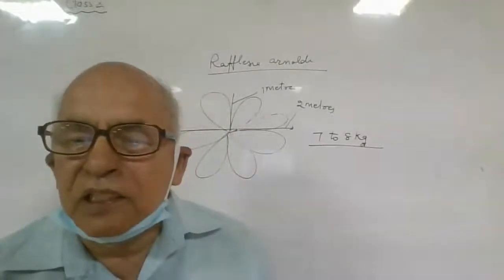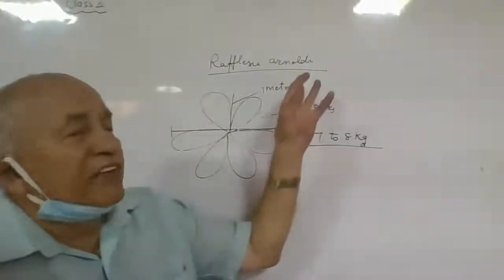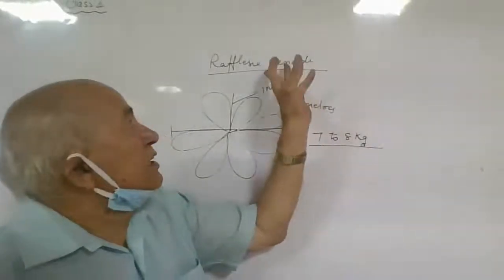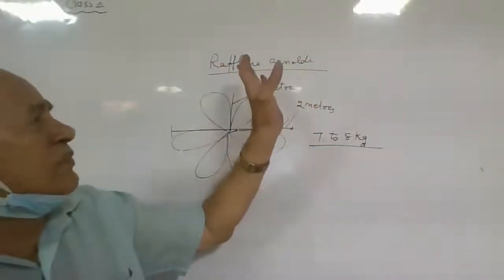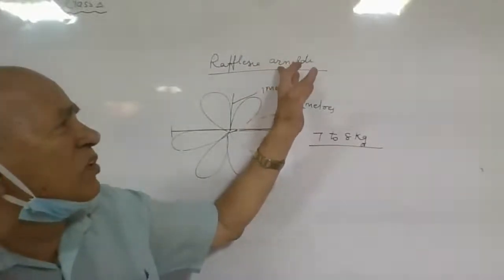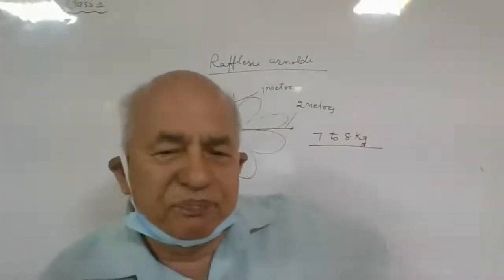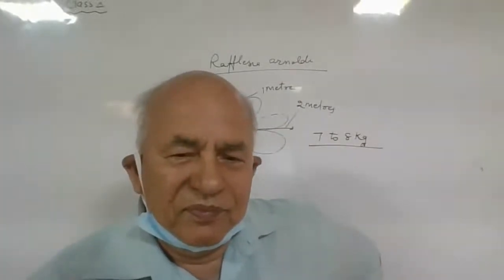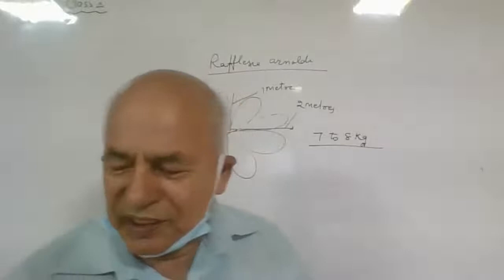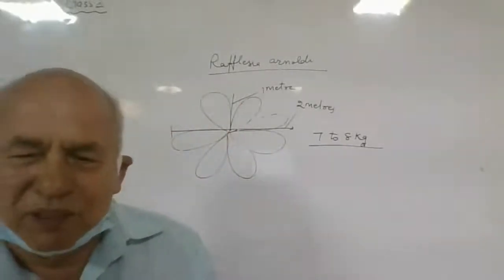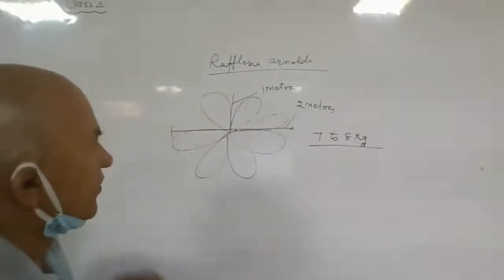The biological name of Rafflesia is Rafflesia arnoldii. As you know, arnoldii starts with a small letter, meaning it is a biological name. And it gives a very irritating rotten meat smell, like when an animal dies and rots, a smell like that comes from it. Otherwise this is the largest flower, 7 to 8 kg of weight.